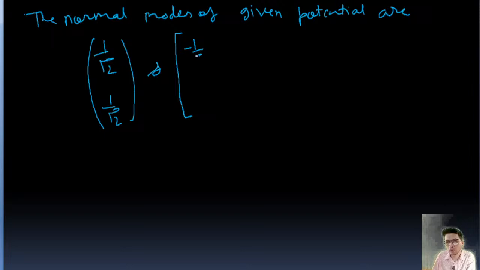and minus 1 by root 2 and 1 by root 2. These are the normal modes of the given potential.